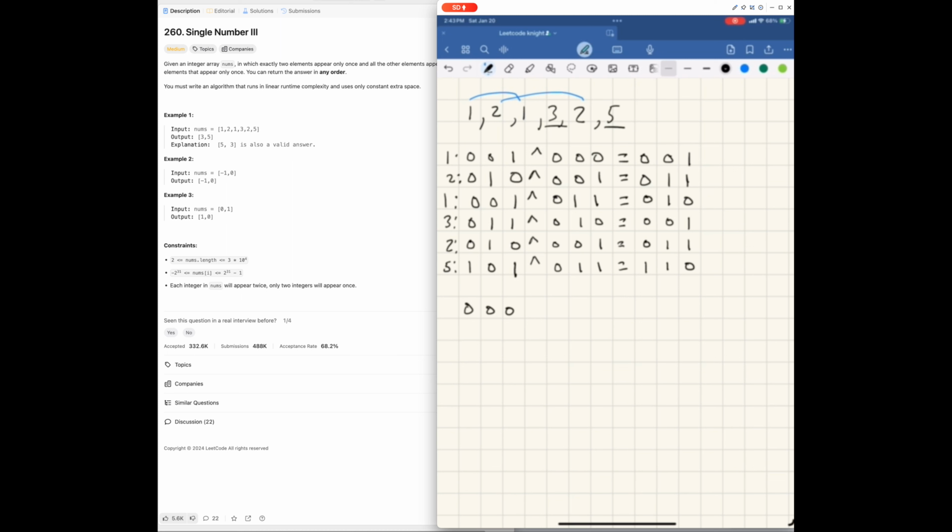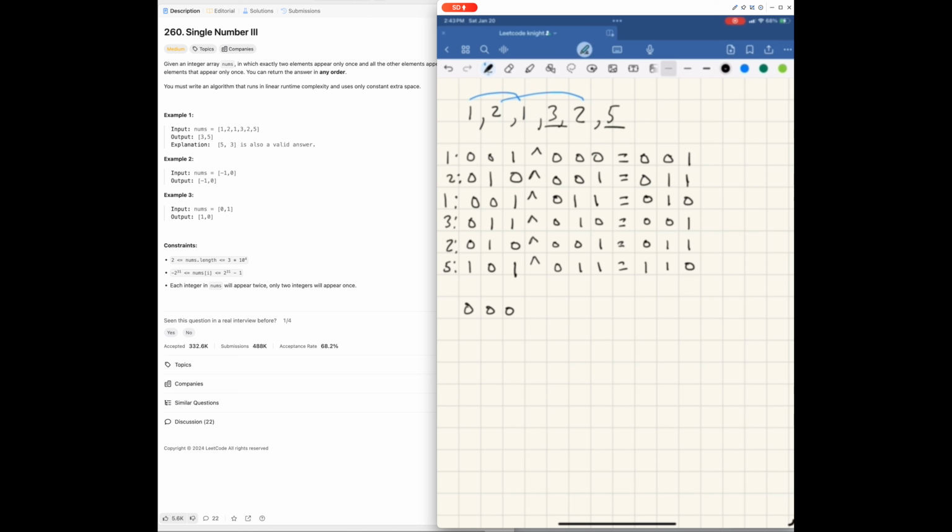And that gives us 6. Great. So now that we have the number 6, this represents the XOR of both 3 and 5, right?